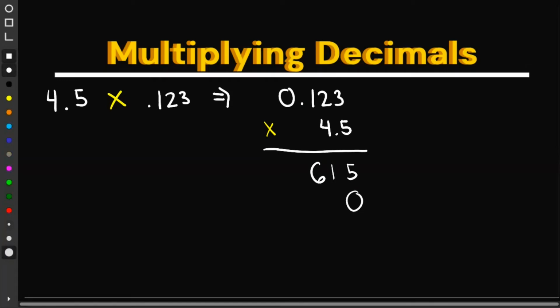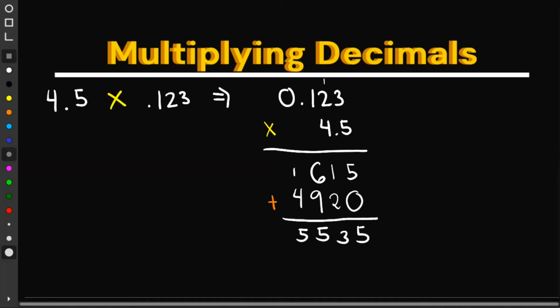Put a 0 here. 4 times 3 would give us 12, so carry the 1 out here. 4 times 2 is 8 plus 1 would give us 9. And 4 times 1 is 4. So adding these numbers would give us 5 plus 0 is 5, 1 plus 2 is 3, 9 plus 6 is 15, 4 plus 1 is 5.